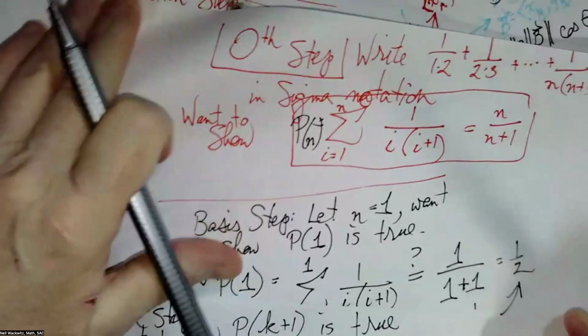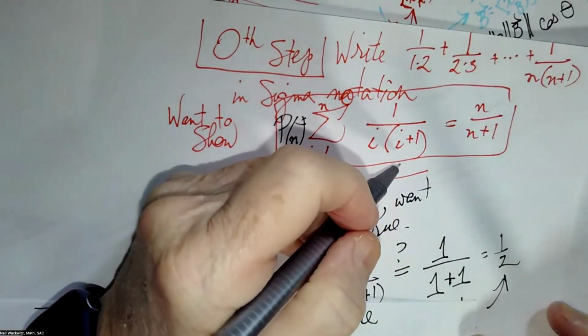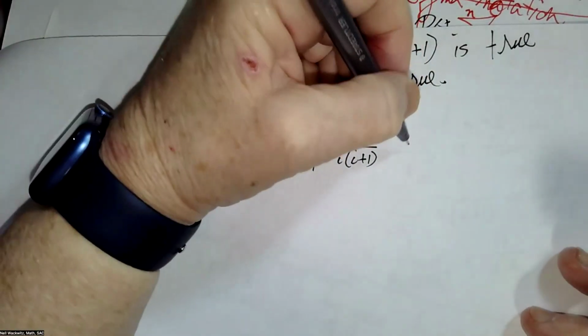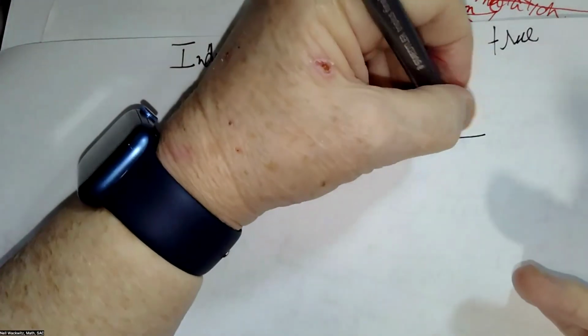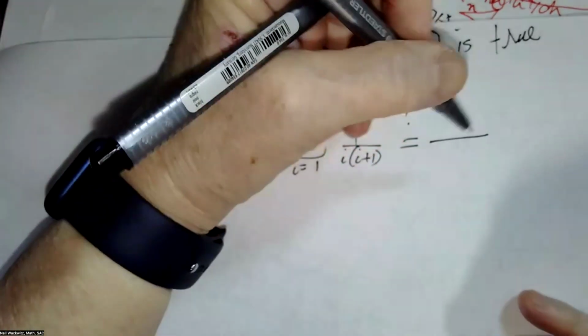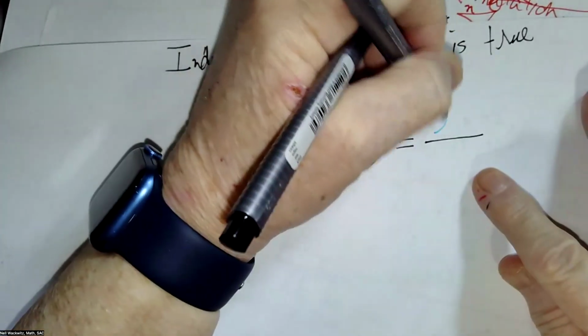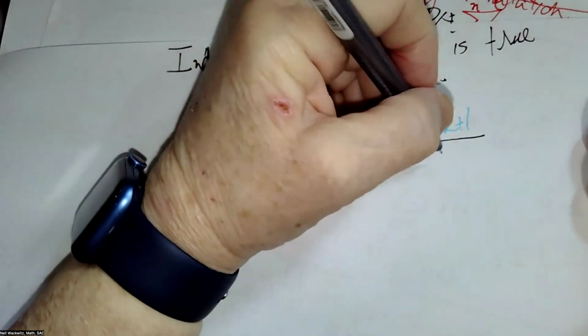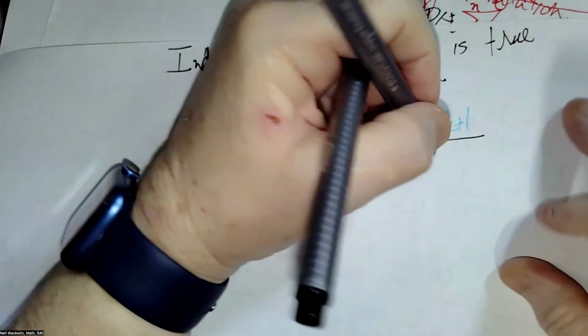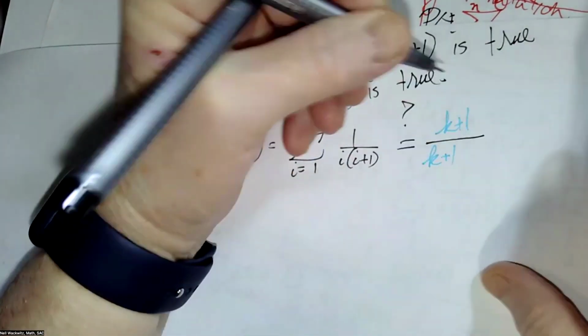And we're saying that we want to show that it equals K plus 1 divided by K plus 1 plus 1.